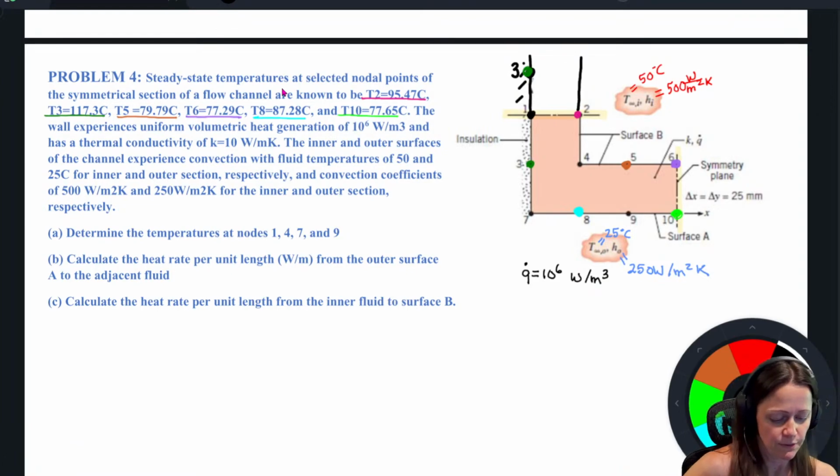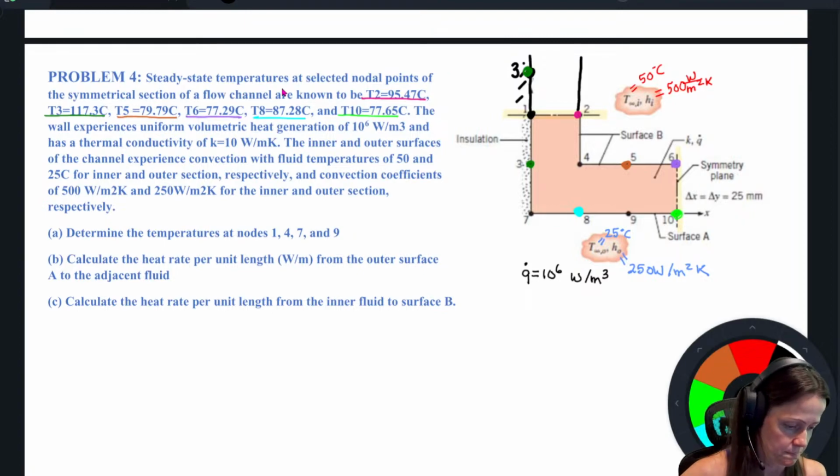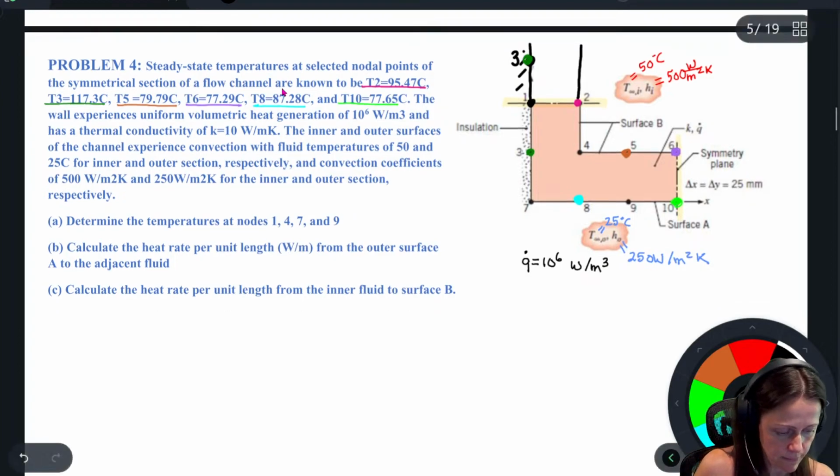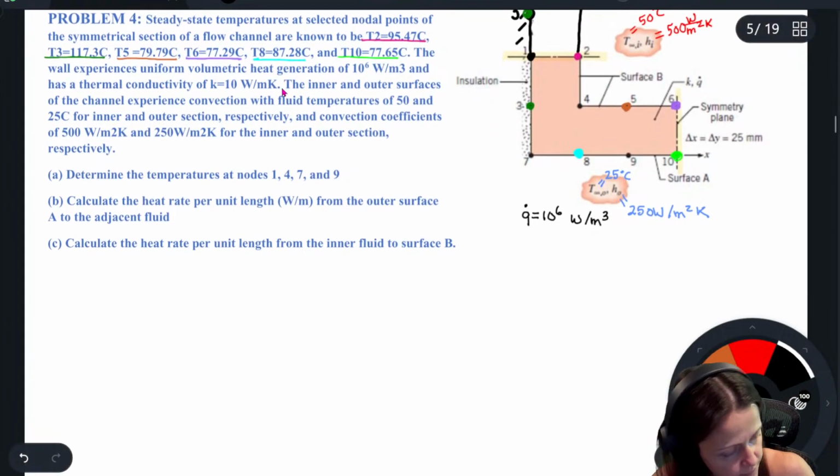All right, so we need to find the temperatures at nodes 1, 4, 7, and 9. And then we need to do a similar thing that we did in the previous problem, calculate the heat transfer rate per unit length from the outer surface, surface A and surface B. So for part A, we're going to do an energy balance.